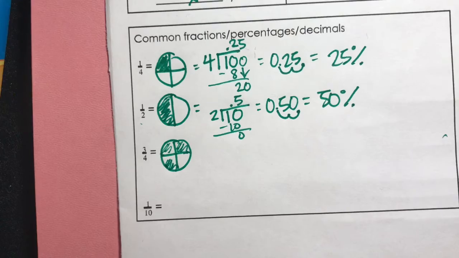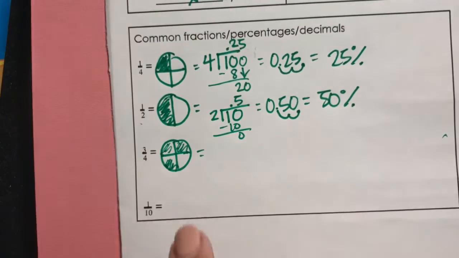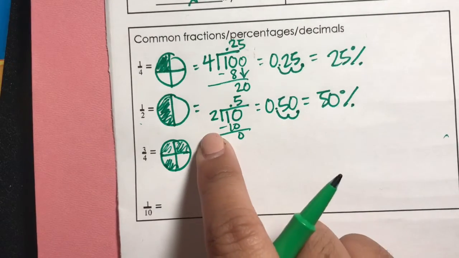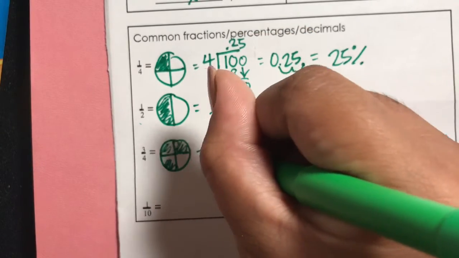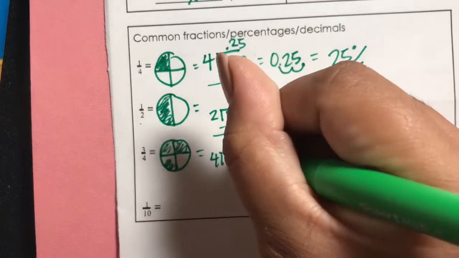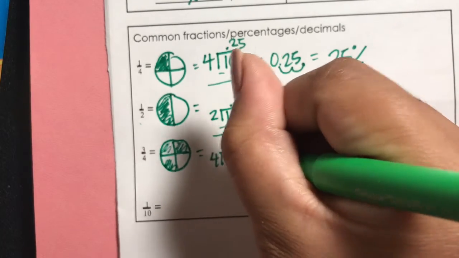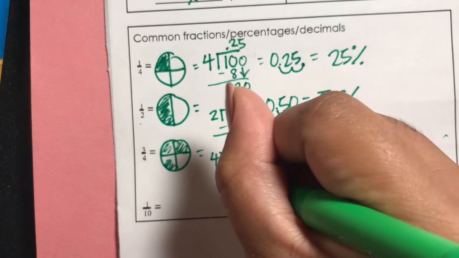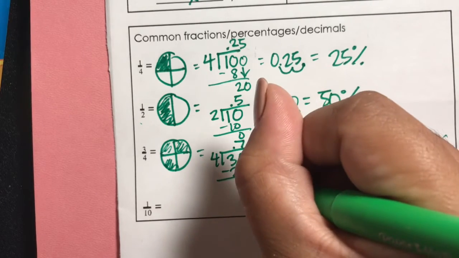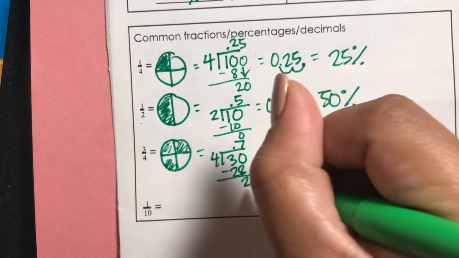If you want to find the decimal version, you probably already know what it is. It's the numerator divided by the denominator, so 4 goes into 3. Can't do it, put a decimal, add the 0. 4 goes into 30, 7 times. 4 times 7 is 28. 30 minus 28 is 2.